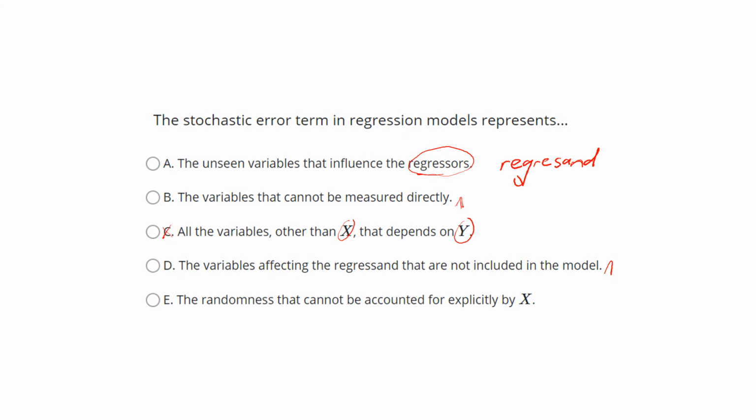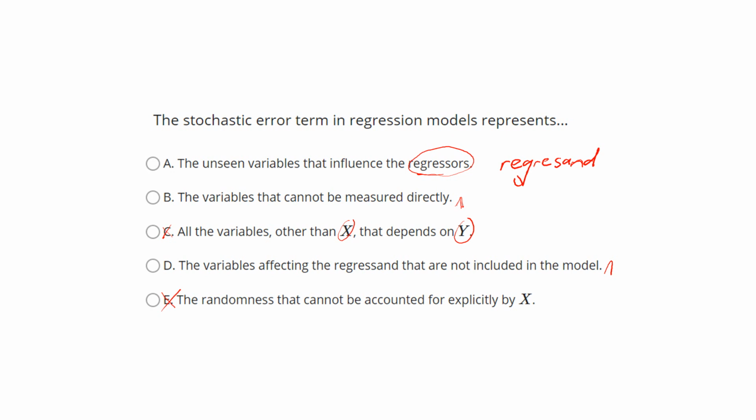So that sounds plausible. What about E, the randomness that cannot be accounted for explicitly by X? So this is an example of a phrase that sounds good, sounds kind of right, but it's really not. What randomness exactly is being talked about? So it's really a nonsense statement that kind of sounds smart, but it's really not.